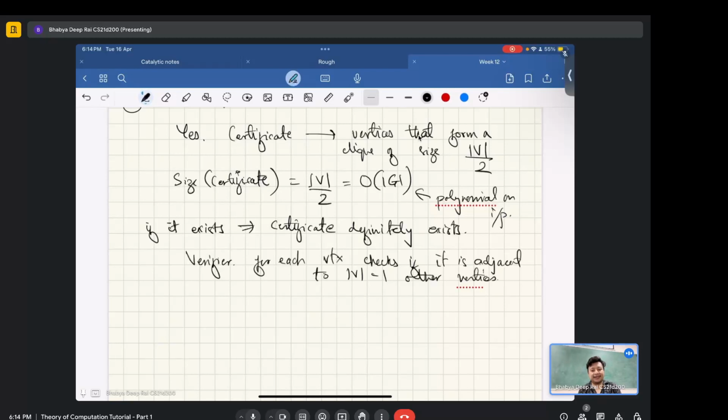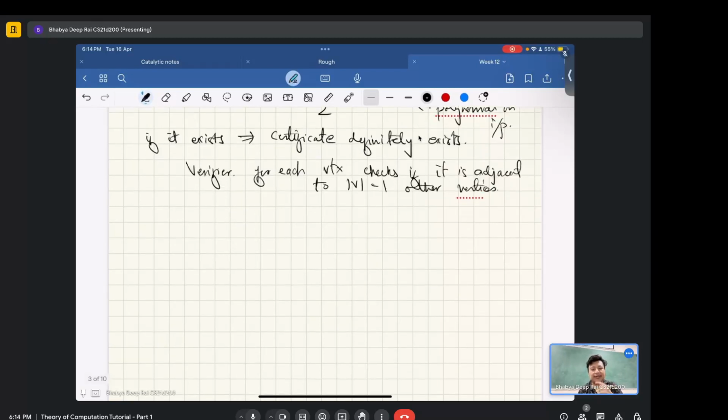So how much time does it take? For each vertex v in V, how many vertices do I need to compare with? The v minus 1 other vertices, which is something like order v square. So this is again polynomial on the size of the input. So the verifier runs in polynomial time.